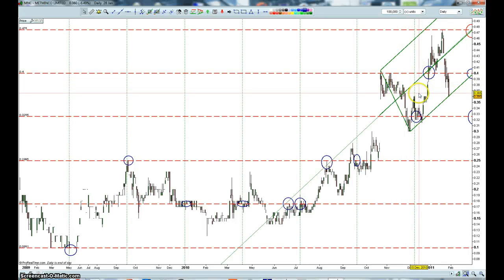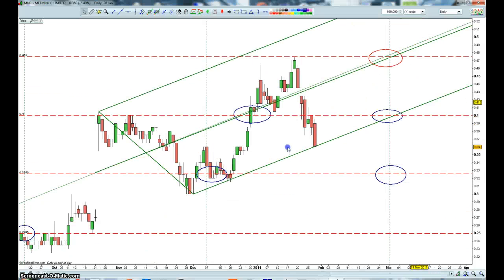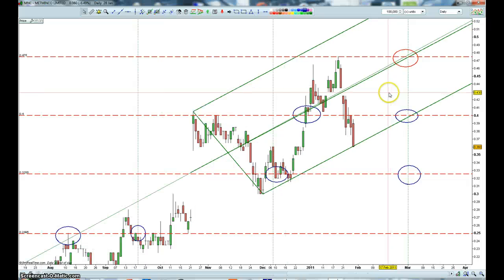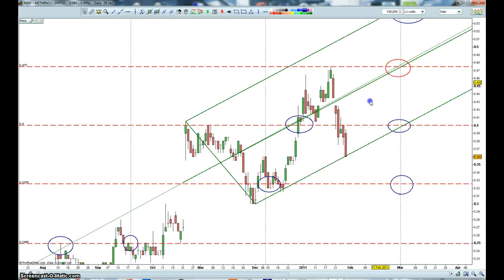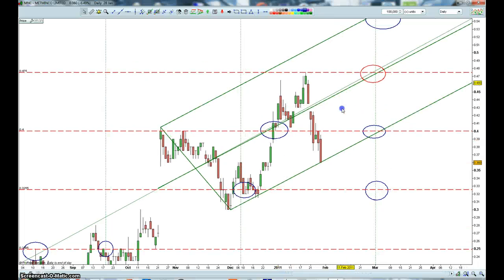But anyway, today I want to zoom in on today's action. We can't always tell what the future will hold, but it's amazing how many times price ends up somewhere that makes sense. In today's case, it's been right bang on the bottom of this green fork that we drew last time.